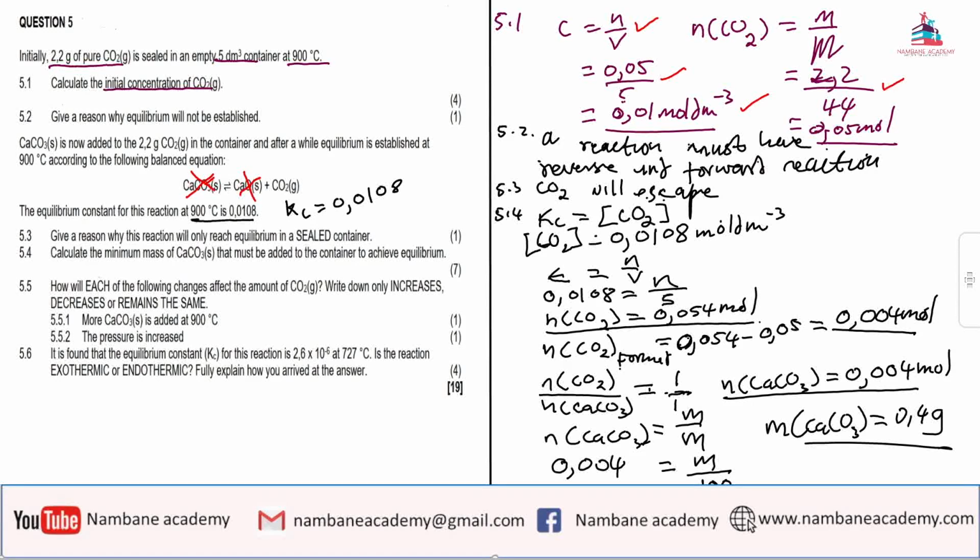Very, very important for us to follow the basic principles of understanding how these particular questions are being asked. I did not complicate things. I only used the information that is given. I followed my strategic principles of how to approach these particular questions.